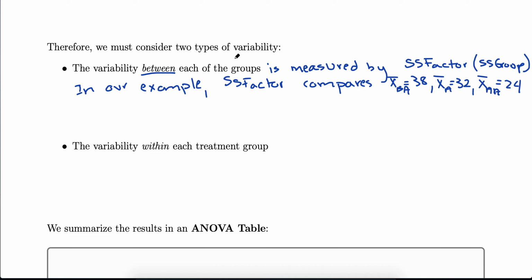So the between variability is measured by this quantity, SS factor, or SS group, and it's comparing just the averages for the three groups. Do they look different or not so much?